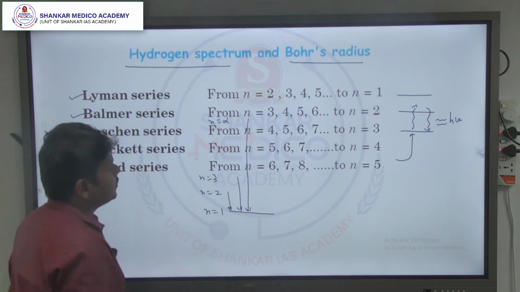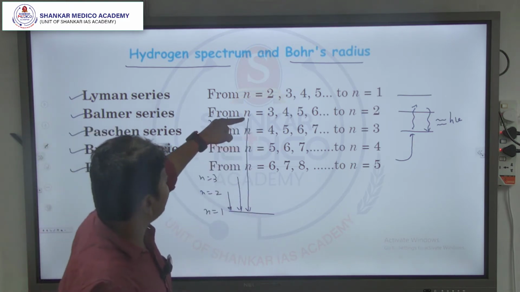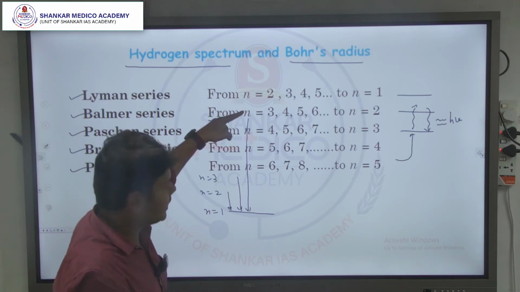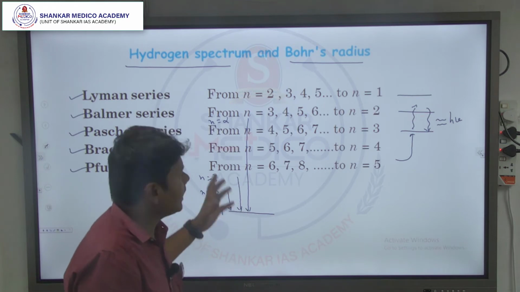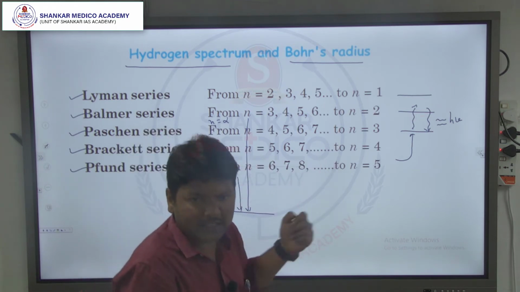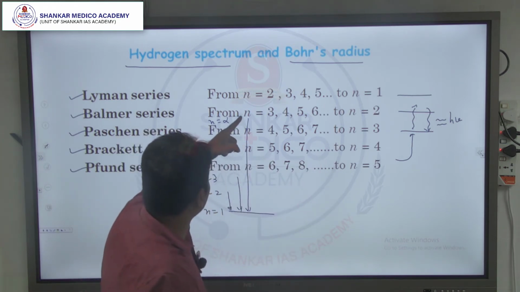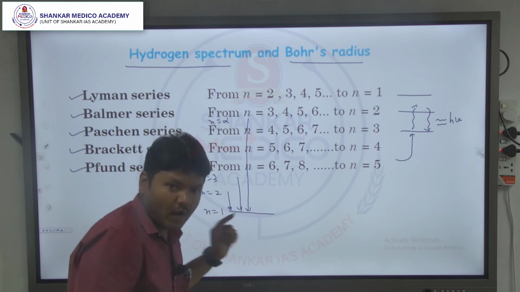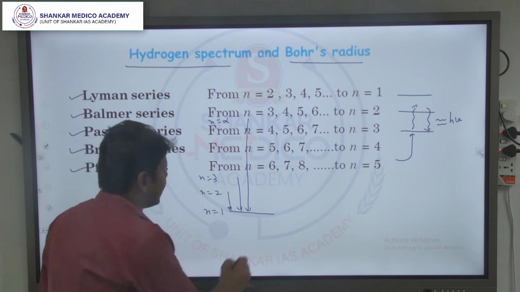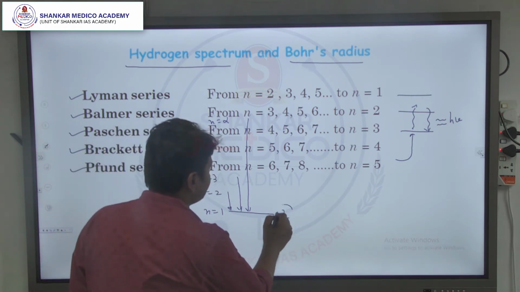Whenever the electron is dropping from a higher energy level to a lower energy level, we get energy in the form of light. Even if it drops from n equal to infinity to n equal to 1, these lines we call the Lyman series.